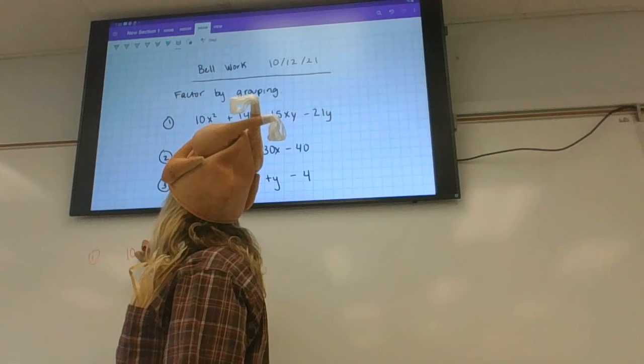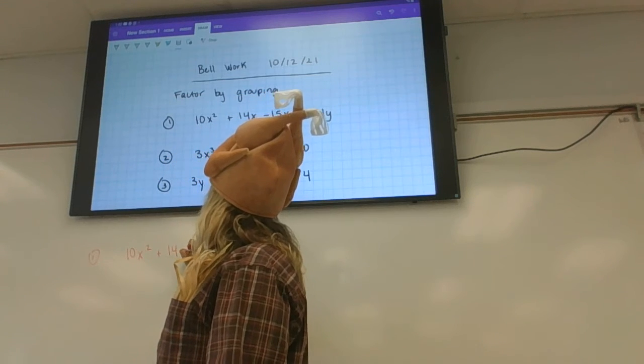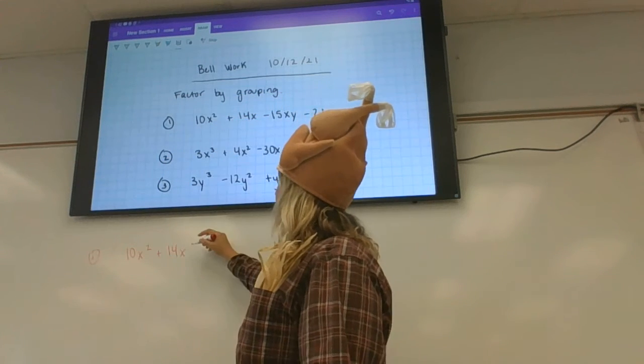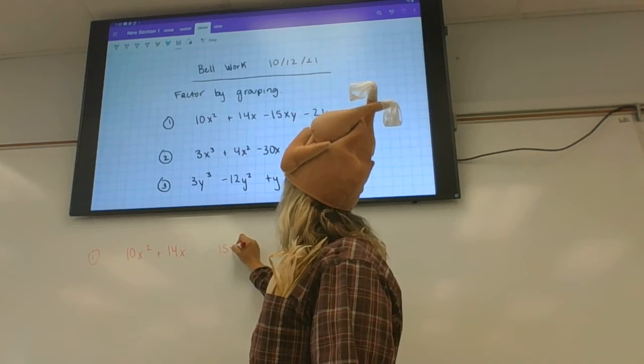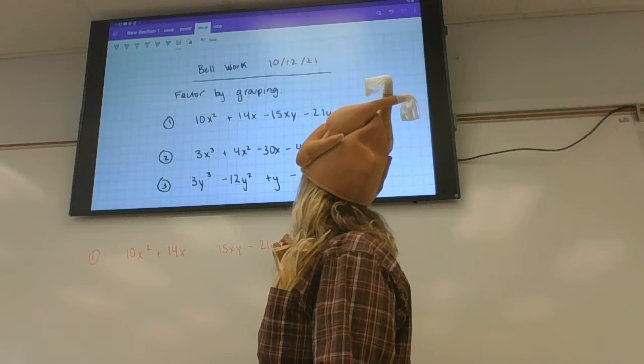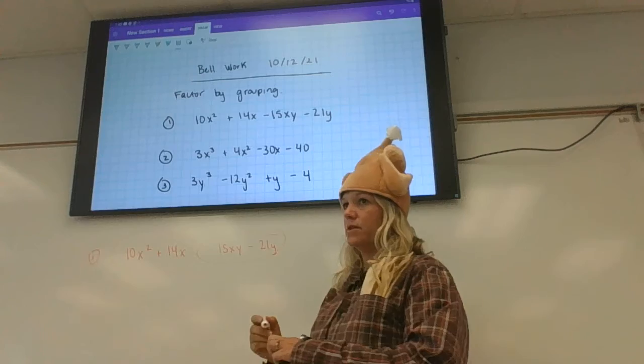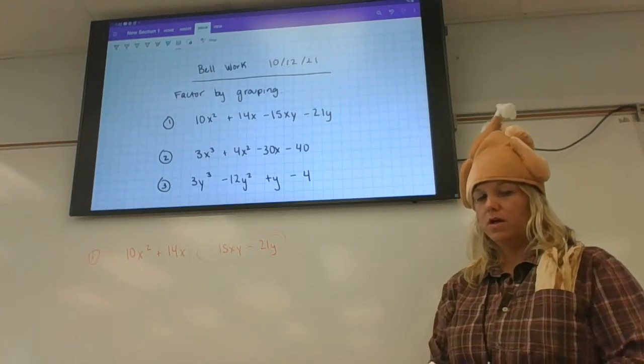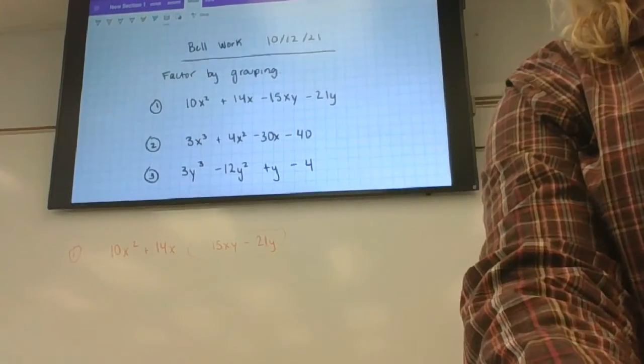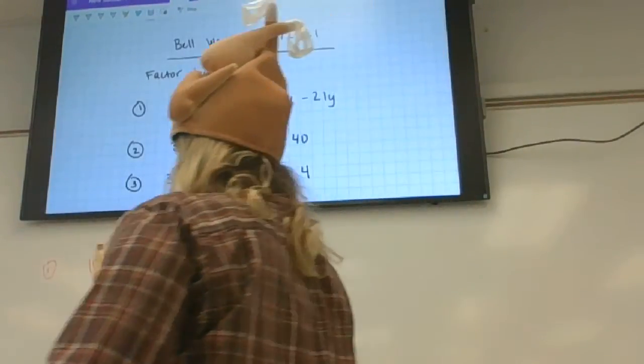So when I see it, I don't see the whole thing. I look at the first 2 as a group, and I look at the second 2 as a group, and then take out a greatest common factor. So now we're factoring by GCF.